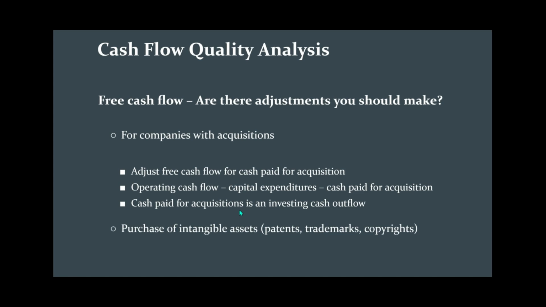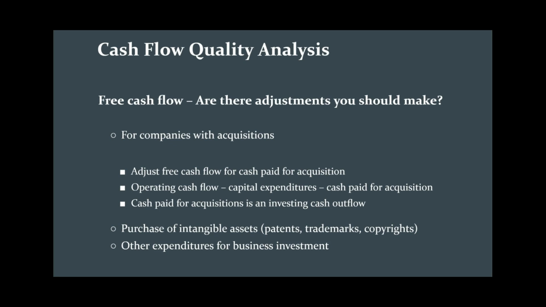So adjusting your free cash flow for your capital expenditures and your cash paid for acquisition results in lower free cash flow. Purchase of intangible assets such as patents, trademarks, and copyrights. Other expenditures for business investment. These are all things you should deduct to arrive at your free cash flow.